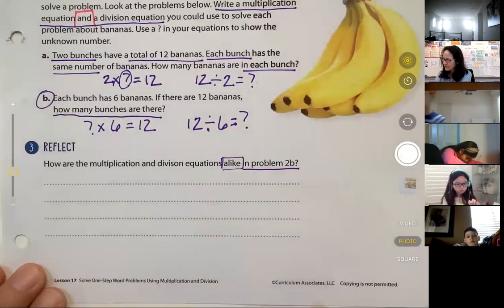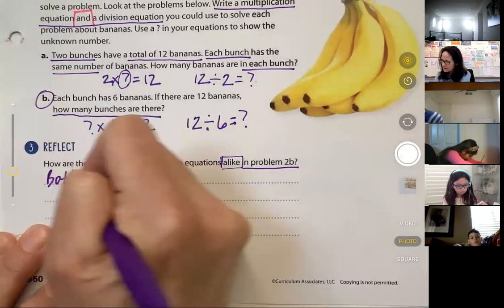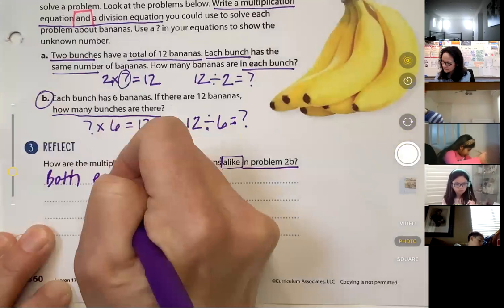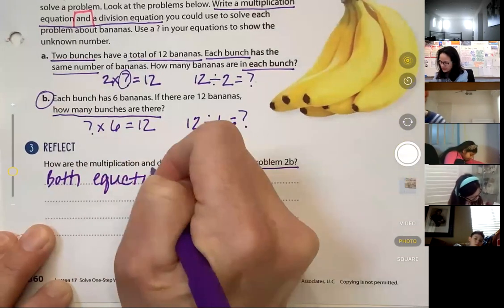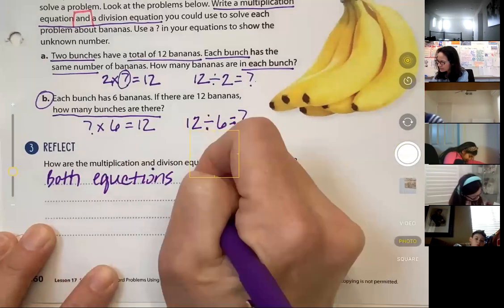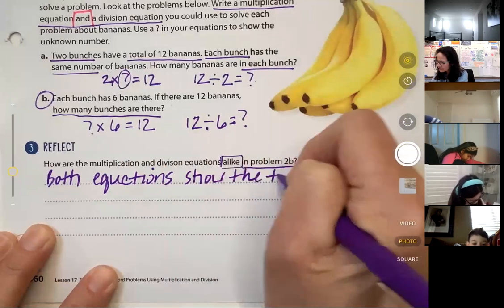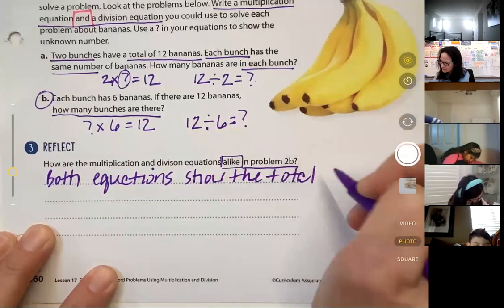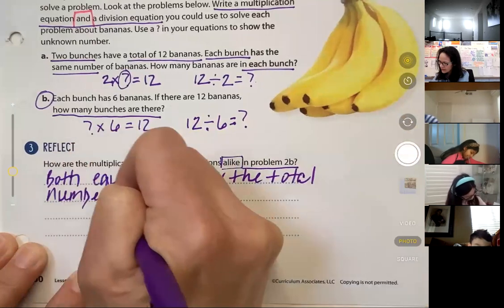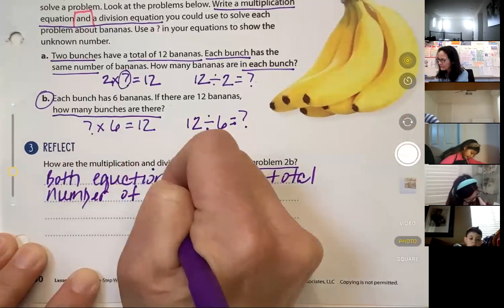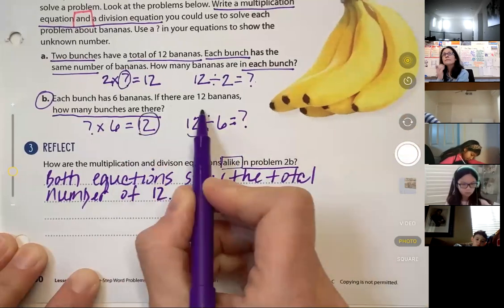So very simply, friends, both equations show the total number of 12. Here's 12. Here's 12.